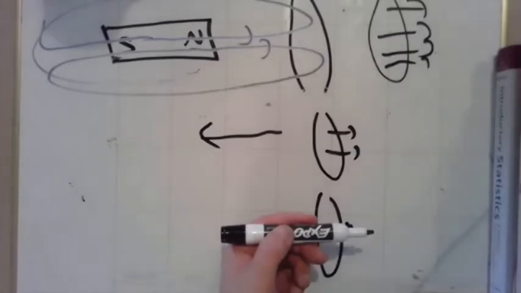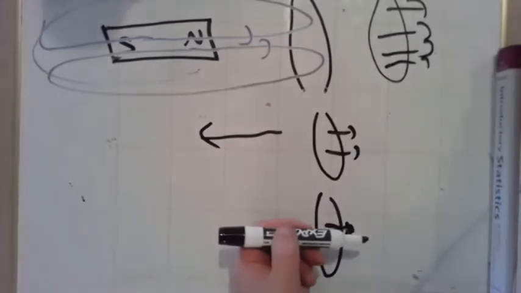So in which direction is the flux increasing? That's what we're always asking. Flux increasing in which direction? And you're saying, well, it's not increasing, it's decreasing. If it's decreasing and pointing to the right, then it's increasing pointing to the left.